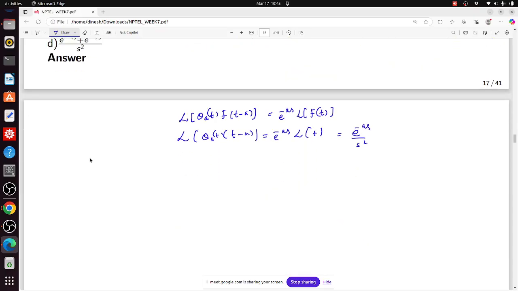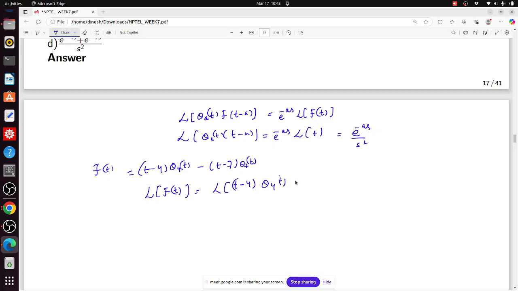So again, for f(t) = (t-4)θ₄(t) - (t-7)θ₇(t), we find the Laplace transform as L of (t-4)θ₄(t) minus the Laplace transform of (t-7)θ₇(t).